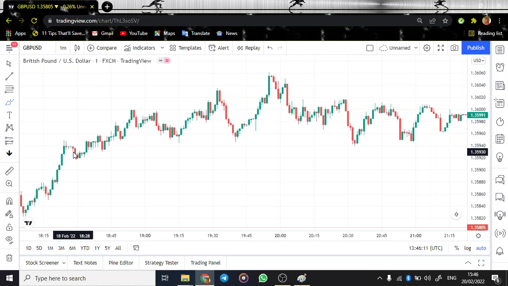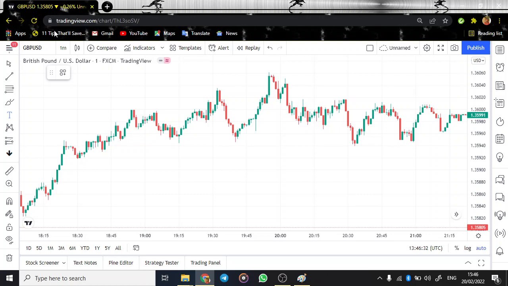We access these candlesticks by using our trading platforms, and this whole platform that I'm using, that is giving me all this data, is just what we call tradingview.com, which is up here.